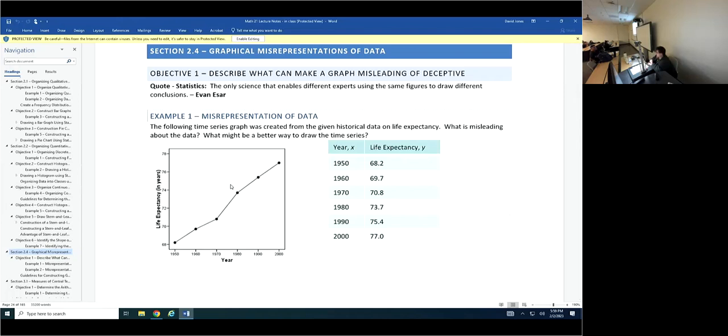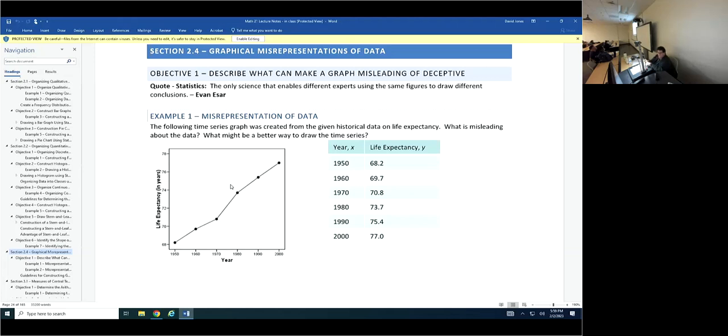A lot of ways people are misled with statistics is through graphical representation. This graph says the following time series graph was created from the given historical data on life expectancy. What is misleading about the data and what might be a better way to draw the time series?